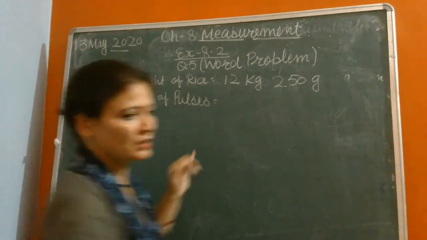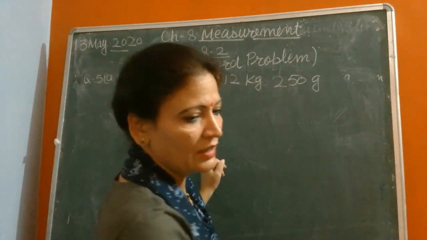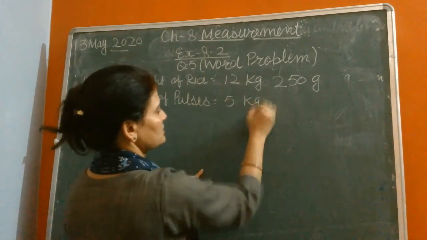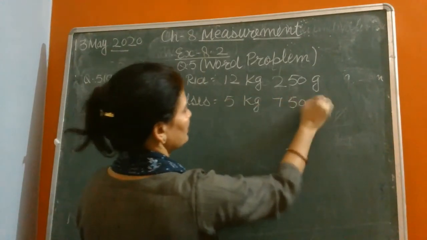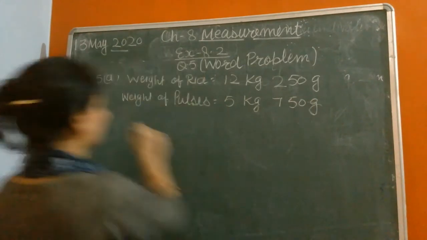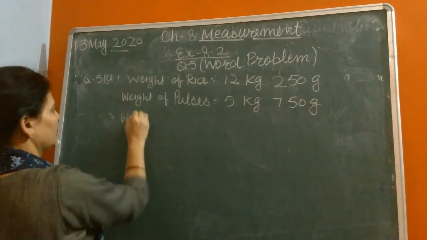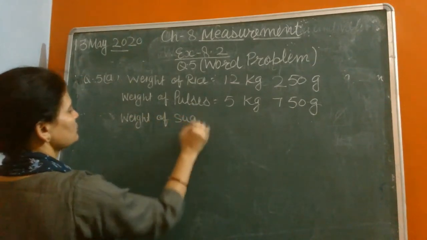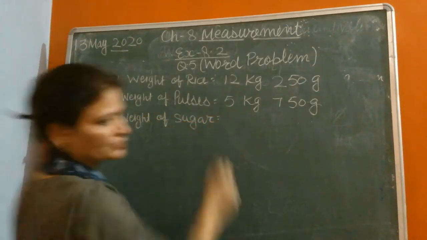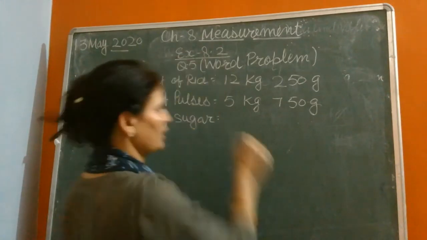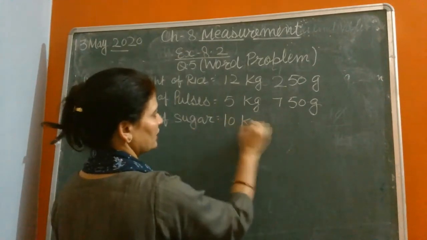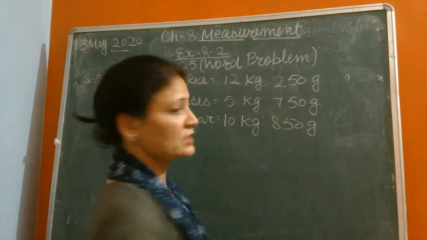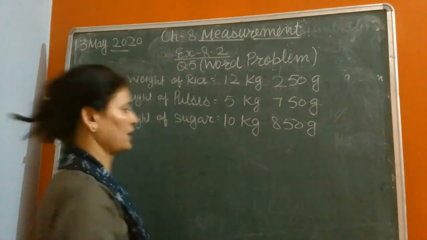Weight of pulses is 5 kg, 750 gram. Weight of sugar equal to 10 kg, 850 gram. What is the total weight of the bag?